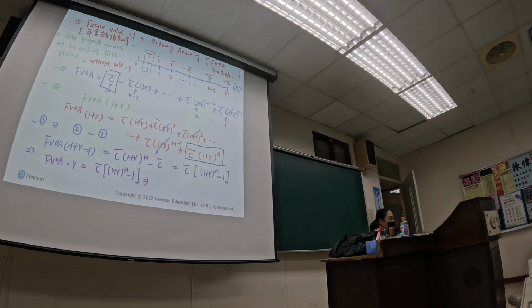Finally, because we want the formula for your FVOA only, we leave FVOA on the left-hand side and move this R to the right-hand side. The final formula becomes C over R, times (1 plus R to the power of n minus 1).